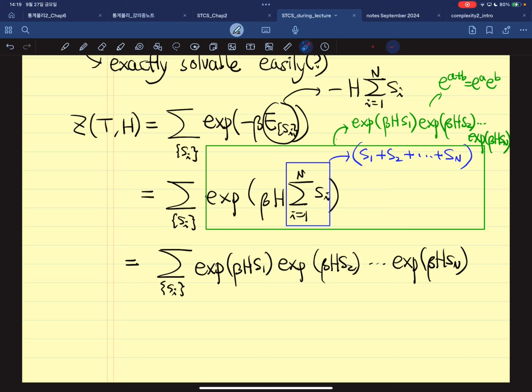And now let's make this summation explicit by considering S1 plus or minus 1, S2, etc., and Sn plus or minus 1.